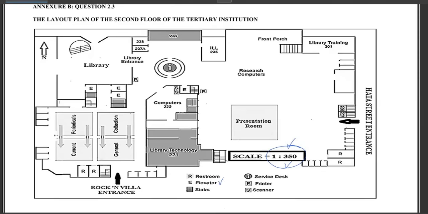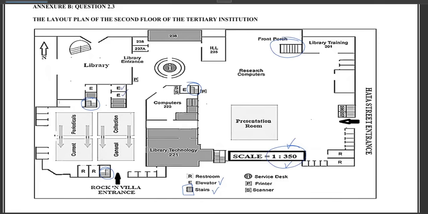The key shows E for elevators. This kind of shape here, these are stairs. These ones here, these are stairs. You see that? These are also stairs. We have stairs. So we have E.